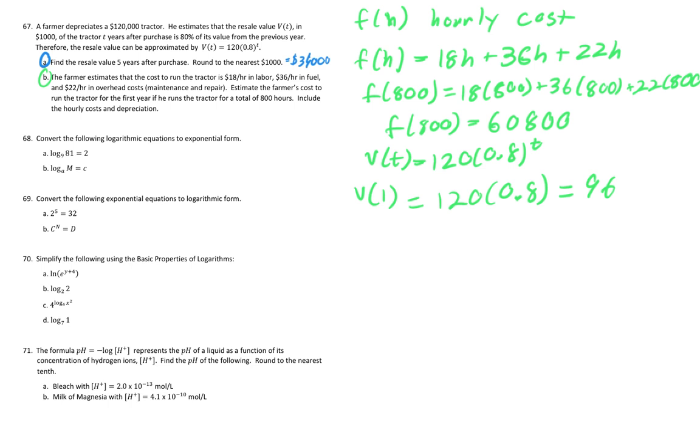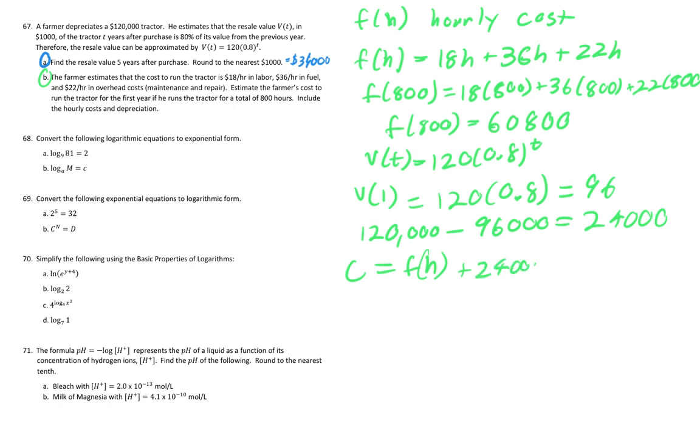So to find out how much it actually depreciates, we have to do 120,000 minus our resale value, 96,000. That's going to leave us with 24,000. So to find out how much it cost the farmer to run the tractor for the first year, I'm going to say C for the cost is going to be the f of h function plus that 24,000.